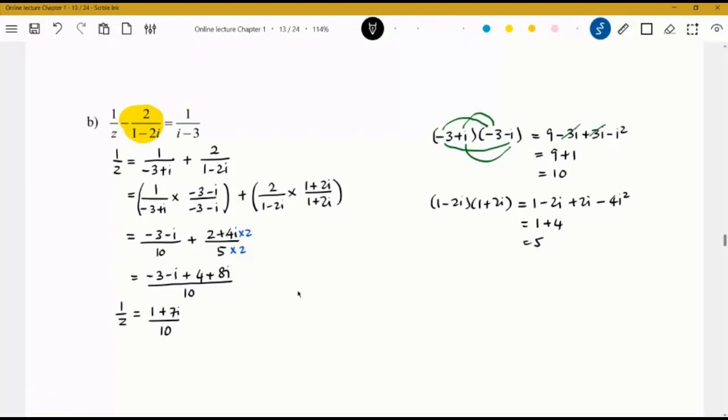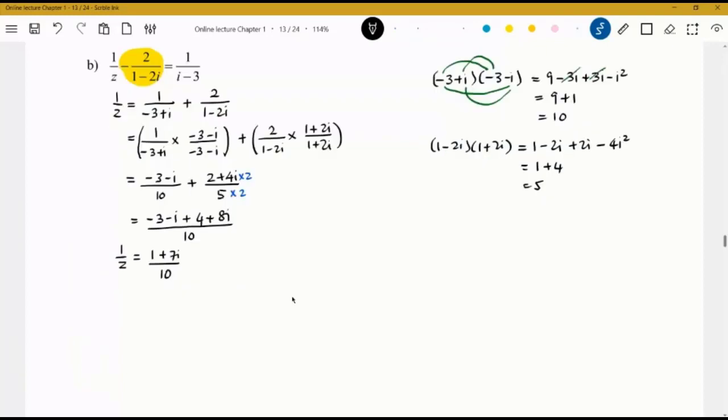You have to make Z the subject. So for this one we will swap, top to bottom, bottom to top. So if we look from the concept side, 1 over A equals B over C. So to make A the subject, it will become A equal to C over B. We switch the left and right position, top to bottom, bottom to top.